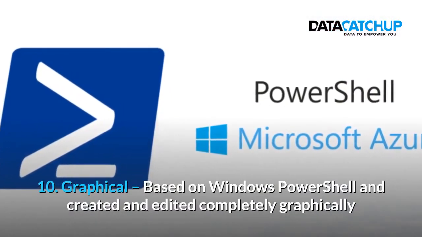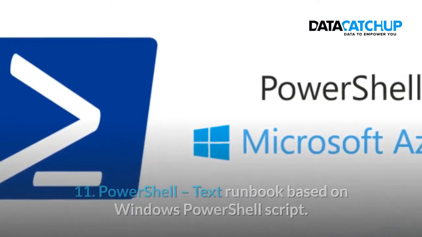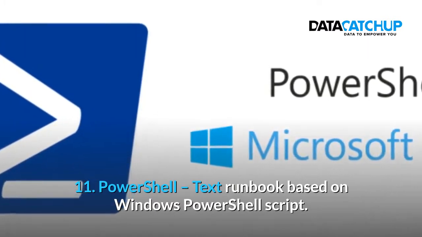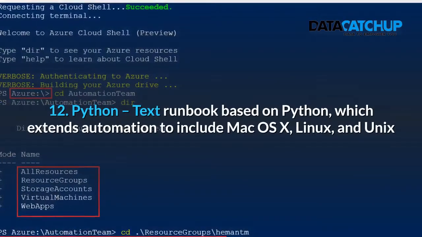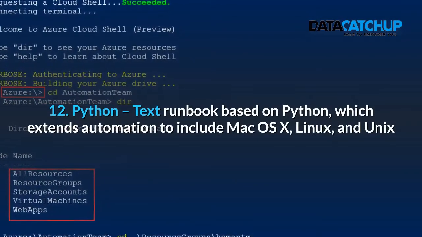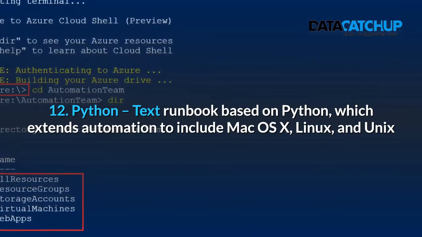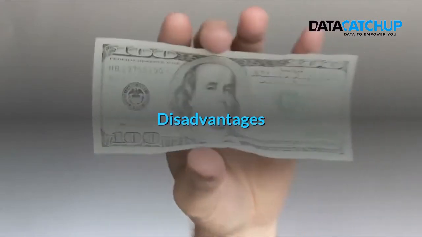Based on Windows PowerShell and created and edited completely graphically. Eleven, PowerShell. Text runbook based on Windows PowerShell script. Twelve, Python. Text runbook based on Python, which extends automation to include Mac operating system, Linux, and Unix.